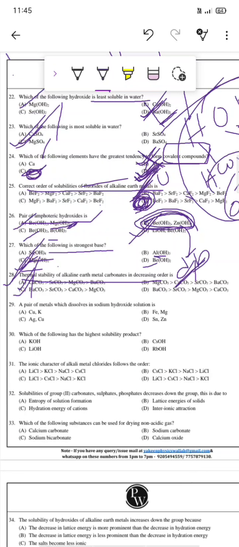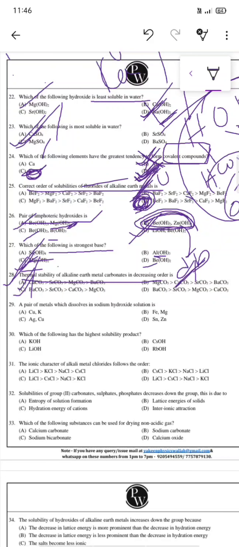A pair of metals which dissolve in sodium hydroxide solution is.